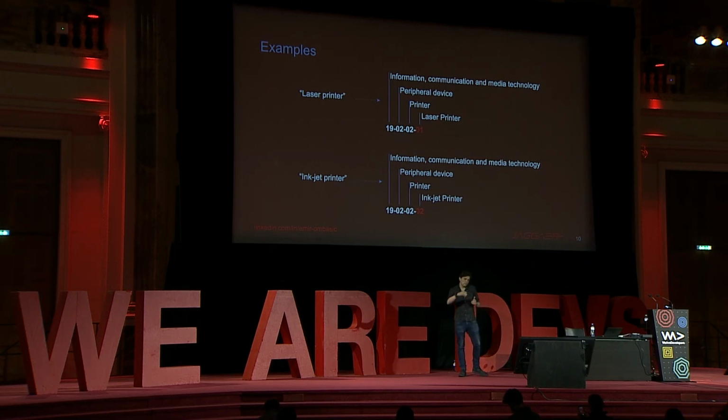The number which represents this category is 4 pairs of numbers, whereby the first pair is the topmost category, and the second pair the deeper category, and so on. If we look for an inkjet printer, we have the same 3 categories on top, and the last one is a bit different.